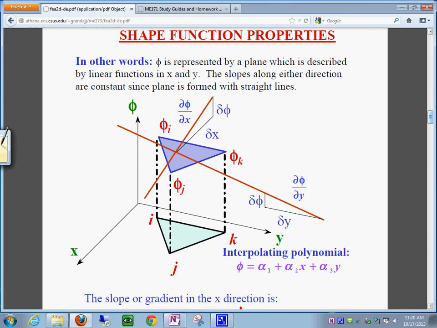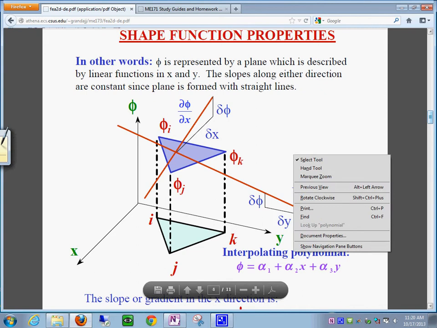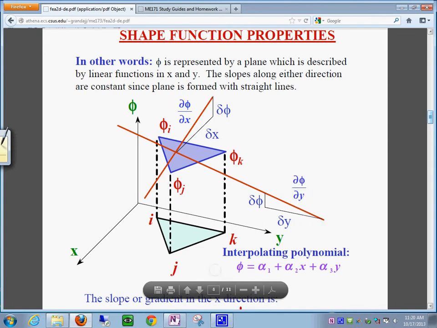So if you interpolate the polynomial that we have, the solution is this one. Or I shouldn't say solution, it is the representation of this plane.